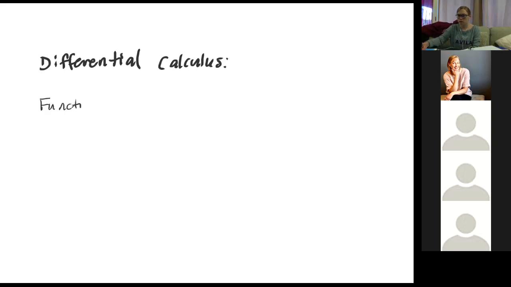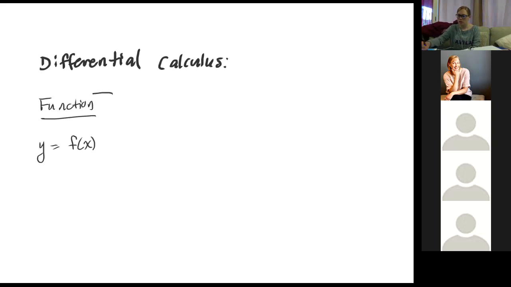Up till this point in our course, we have talked about a subject known as differential calculus, and that was as follows. Differential calculus was where we started with some function, call that function y equals f of x.